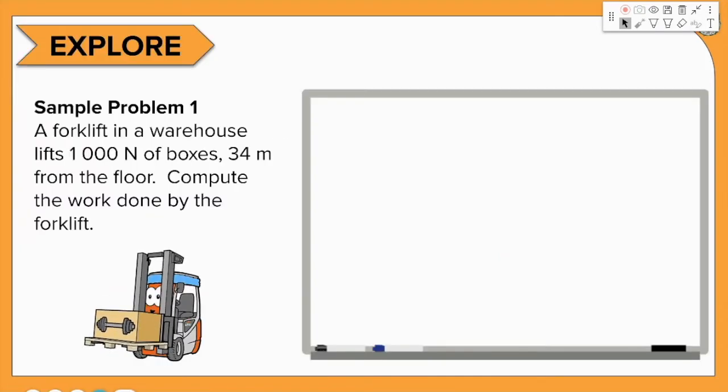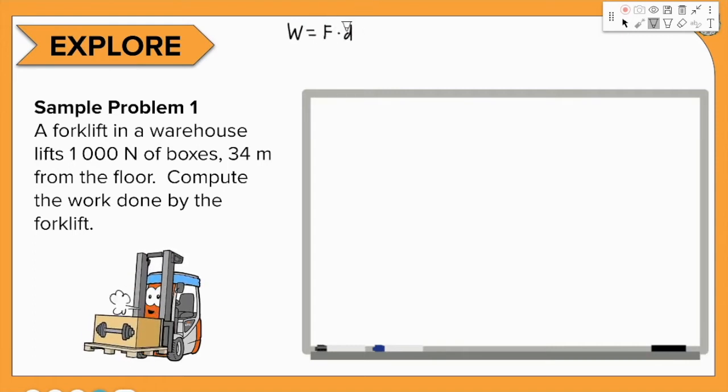So sample problem 1, we have a forklift in a warehouse which lifts 1,000 newtons of boxes 34 meters from the floor. Compute the work done by the forklift. Okay, so if you recall, work has two formulas now depending on how it is exerted. The most basic formula for work would just be work is equal to force times distance.